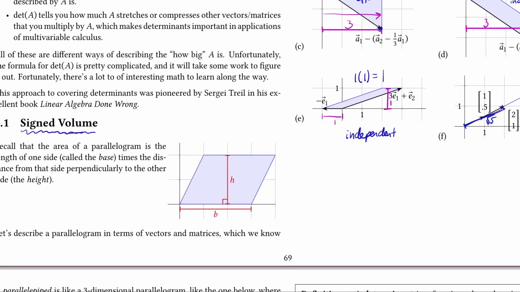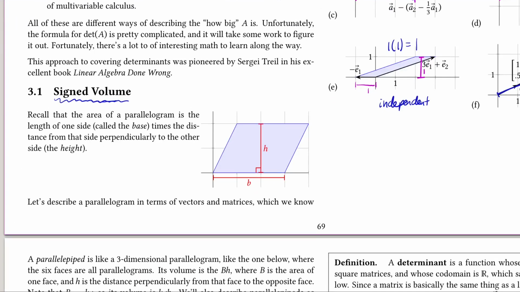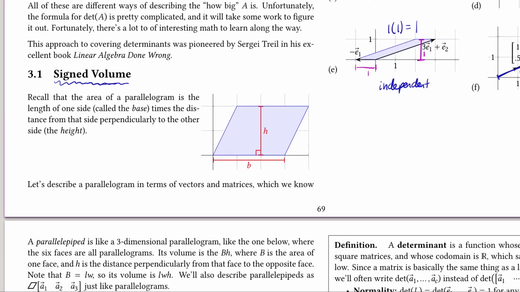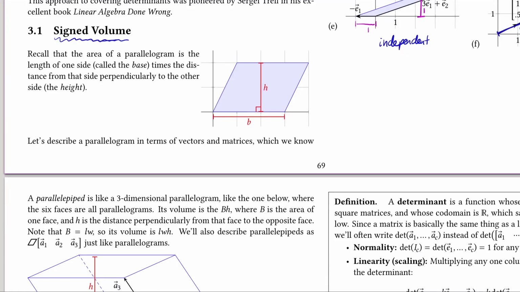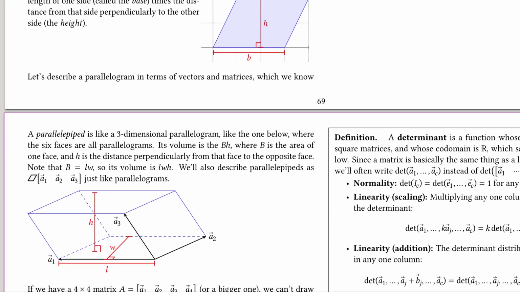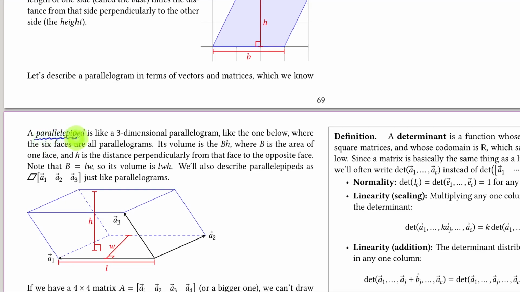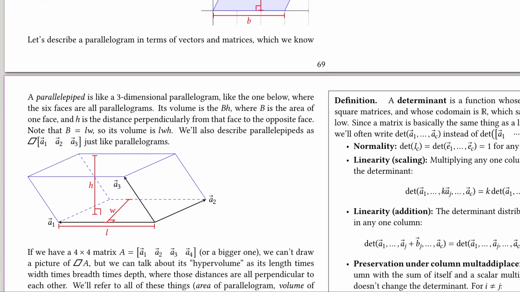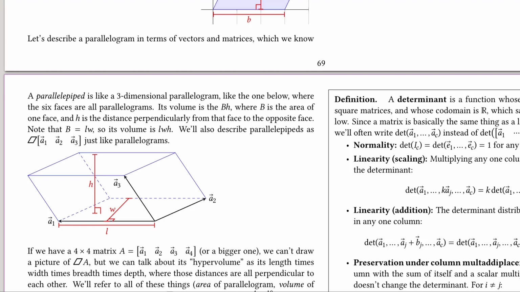Hopefully you already went over the warm-up, so you know a little bit about how the area of a parallelogram works. But we're also going to talk about three-dimensional parallelograms, aka parallelepipeds. And here's a picture of a parallelepiped. We've got the origin right here and these three arrows pointing in different directions.